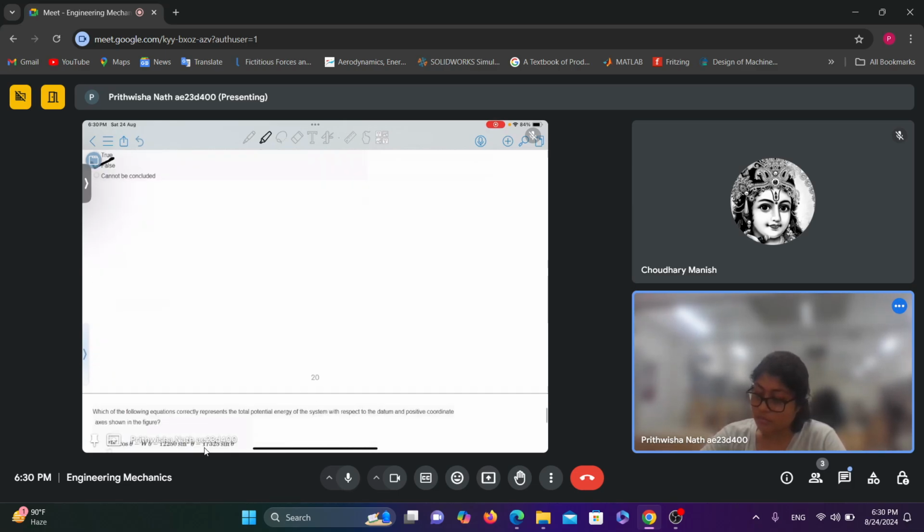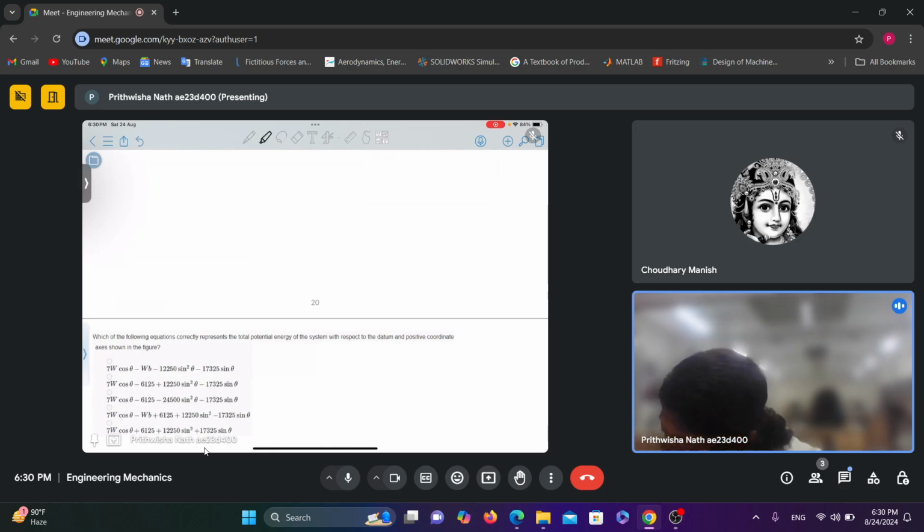Now we are asked to find which of the following equations correctly represents the total potential energy of the system with respect to the datum and positive coordinate.